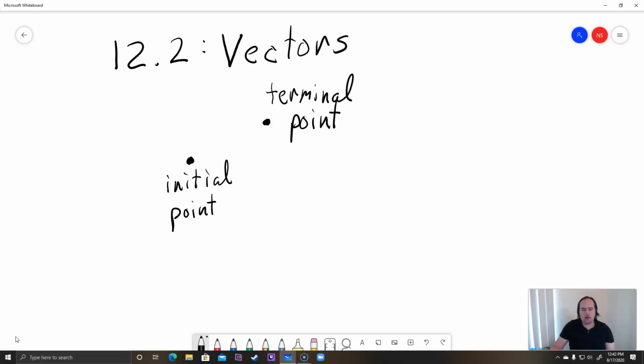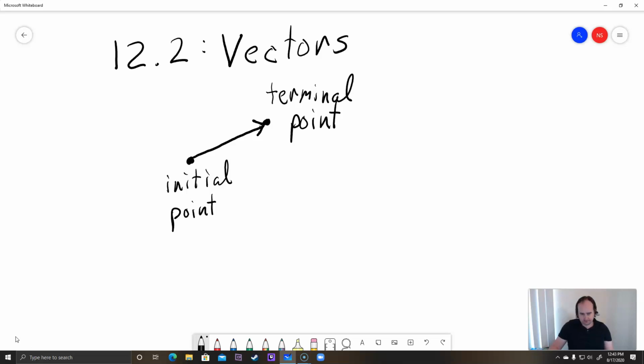Okay, and then when you're graphing a vector, you start at the initial point and you draw a line segment to the terminal point, and then you draw an arrow that points from the initial point towards the terminal point. And that actually makes a vector.